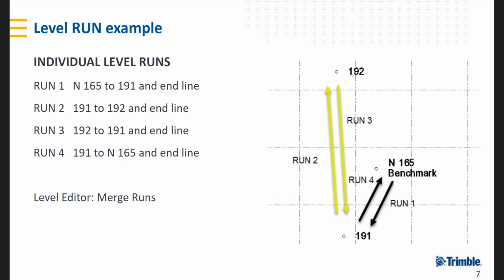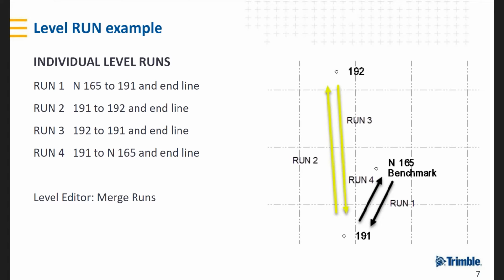In this example, we have individual runs. Run 1 is a level line, just a forward run, from the benchmark to our fixed point, which we see is 191. To the next fixed point, we'd have another run, and then continue on, and we have run 3, run 4.